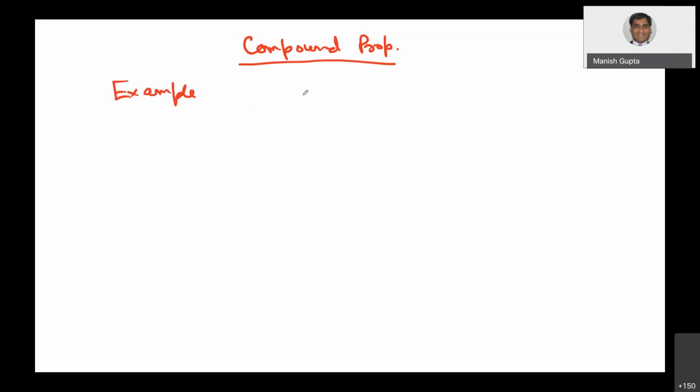I can give you an example with respect to the truth table: P join negation of Q implies P meet Q. So the question is, what happens? Can we say in terms of truth table what happens here?